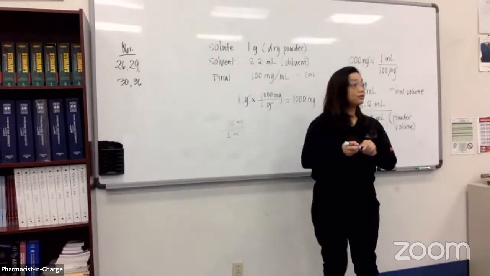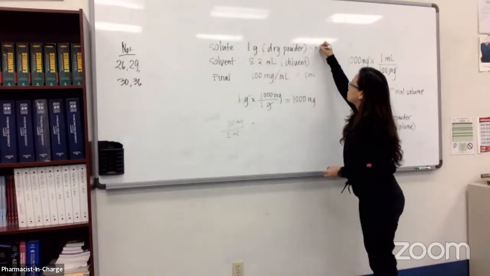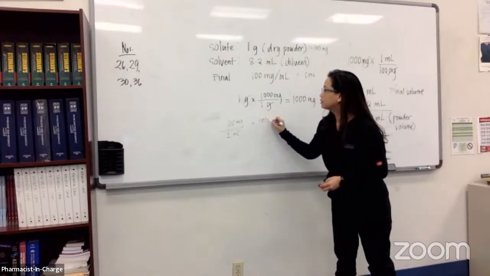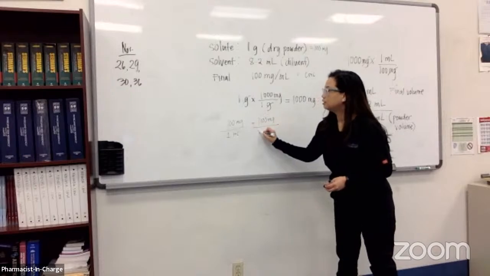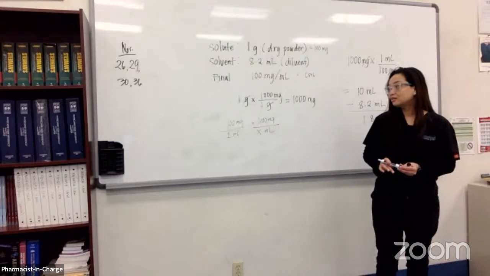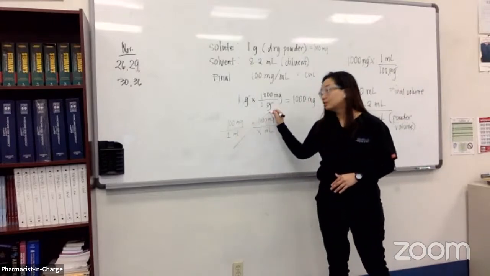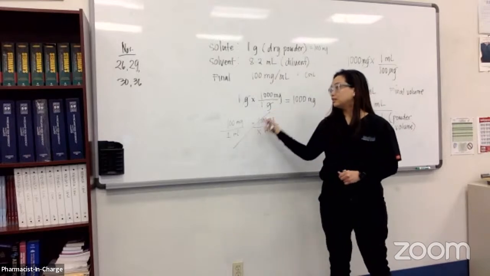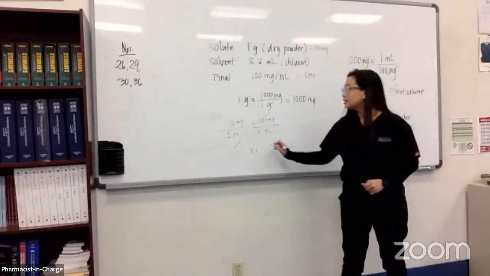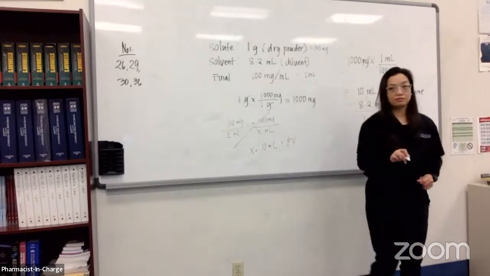To make it apples to apples, what do I do with this one? 1,000 milligrams. And this is your X ml. Isn't it simpler? Since it's ratio and proportion, now you can proceed with cross multiplication. 1,000 divided by 100 should give you 10 ml. But this is your final volume.